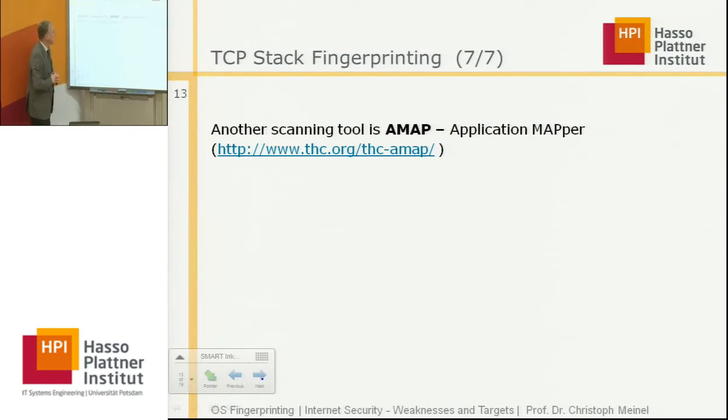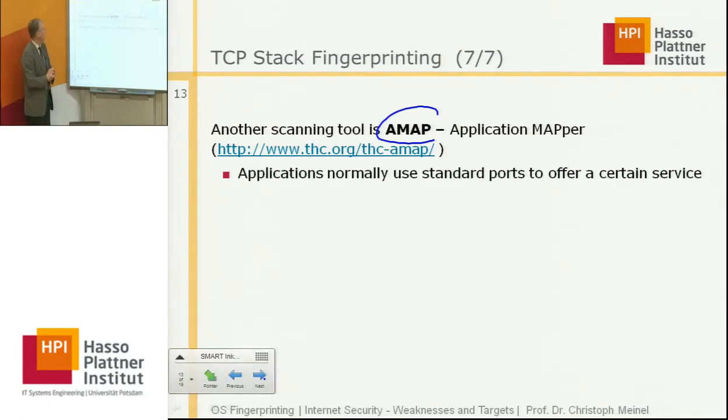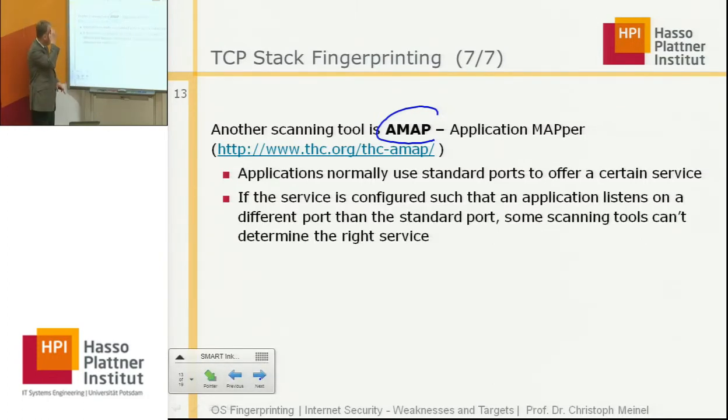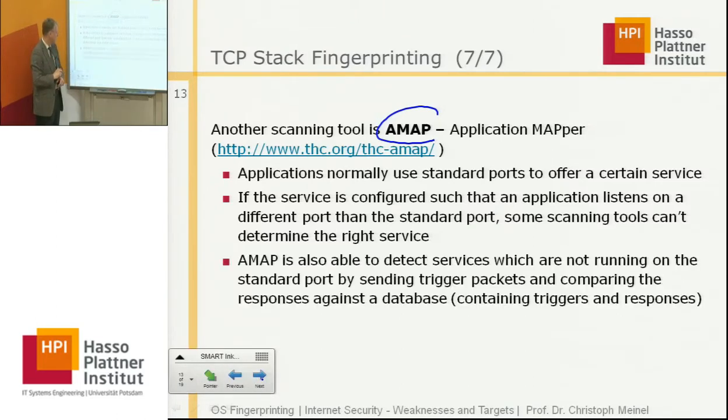I will mention another scanning tool, AMAP, the application mapper, that can be used for TCP stack fingerprinting. The applications, of course, normally use standard ports to offer a certain service. If the service is configured in such a way that it's not using a standard port, the application has to listen on other ports than the standard ports, and some of the scanning tools can't determine the right service.